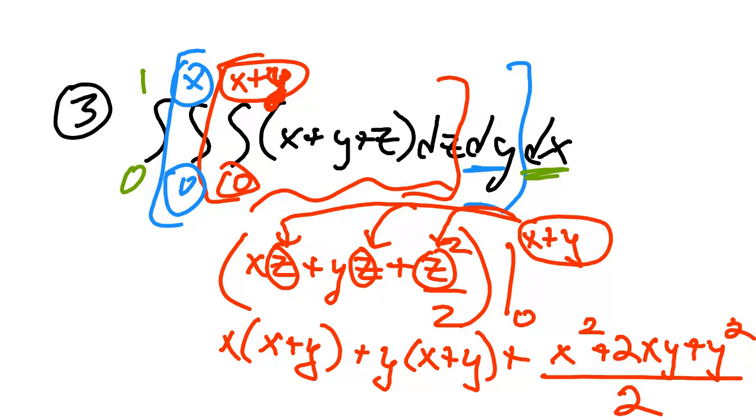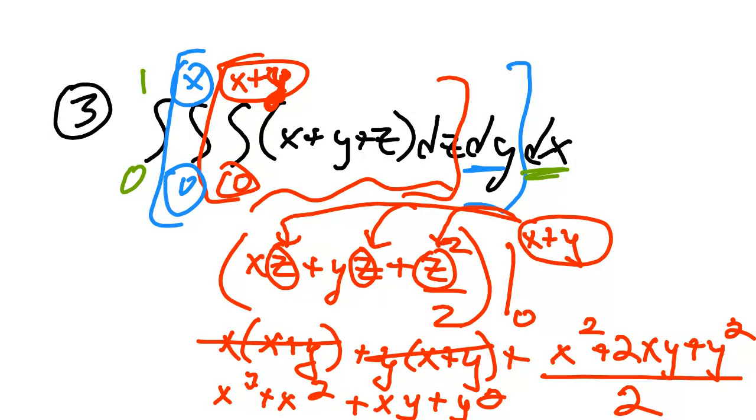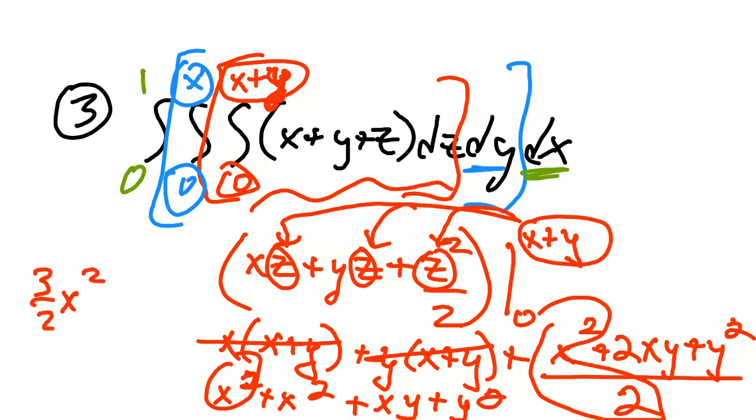I am going to rewrite this. This is x squared plus xy, and this is plus, instead of yx, I'm going to write xy plus y squared. And anyway, now I got x squared plus 1/2 x squared is 3/2 x squared. And then, wait a minute, plus another x squared. I didn't know I had that.